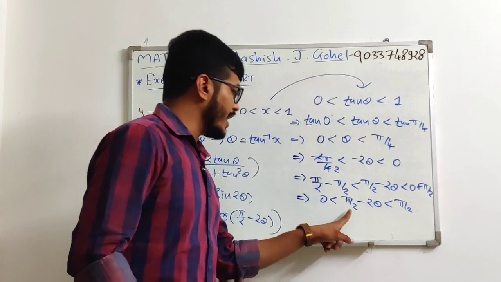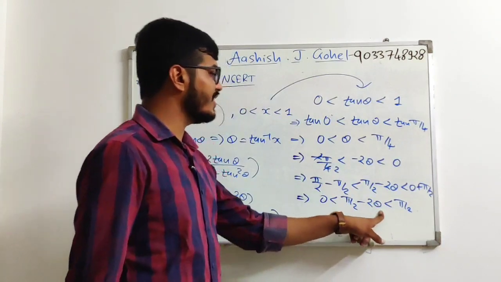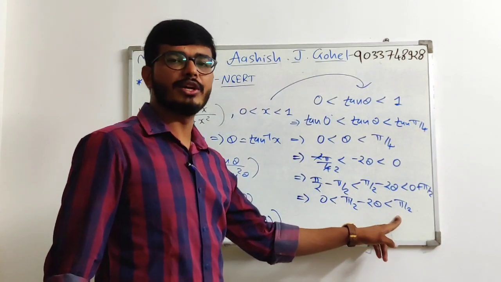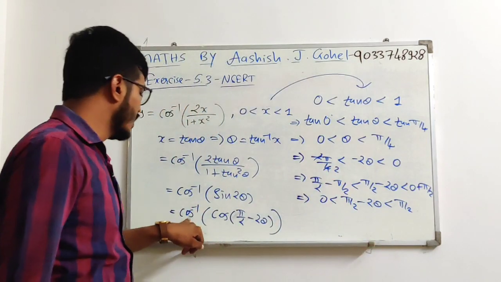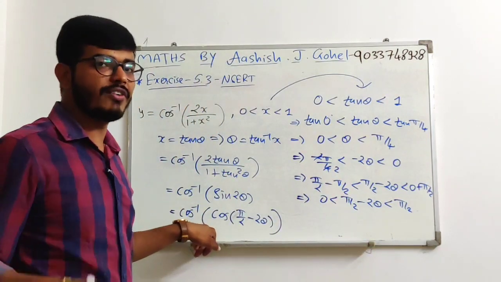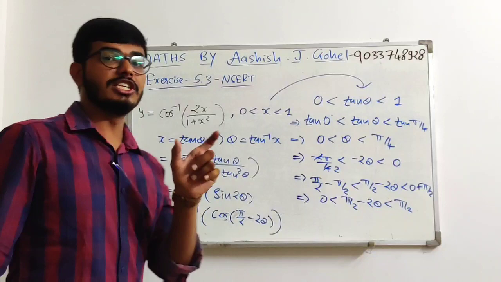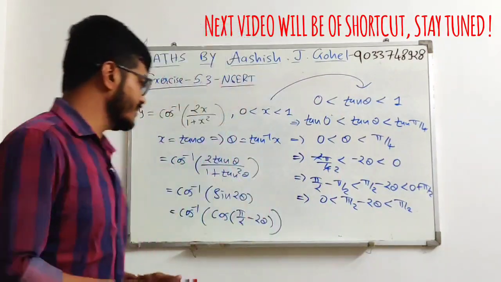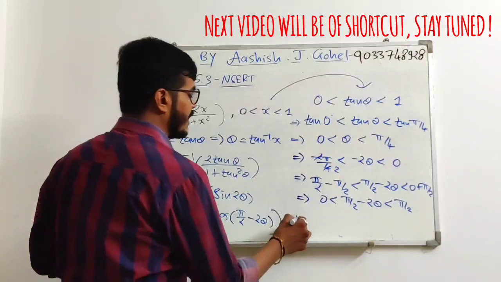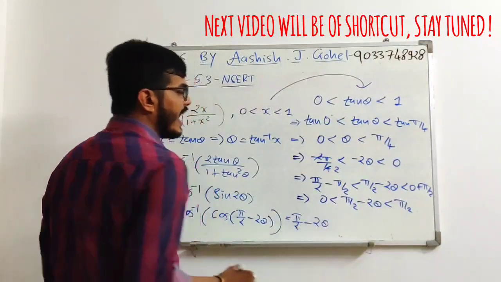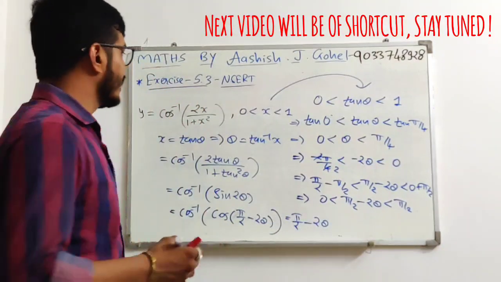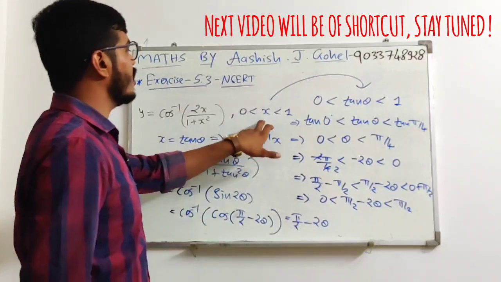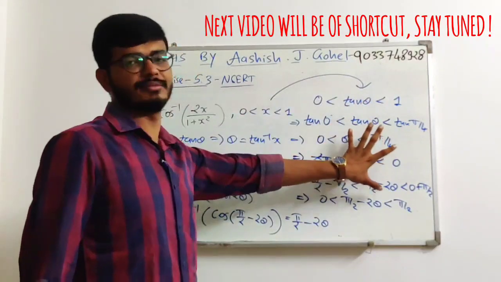So pi by 2 minus 2 theta has a range of 0 to pi by 2, and that is in the range of cos inverse. Remember, what is the range of cos inverse? 0 to pi, from chapter number 2 ITF. Okay, very good. So pi by 2 minus 2 theta I can write down. Now what will happen if we do not show this kind of procedure?